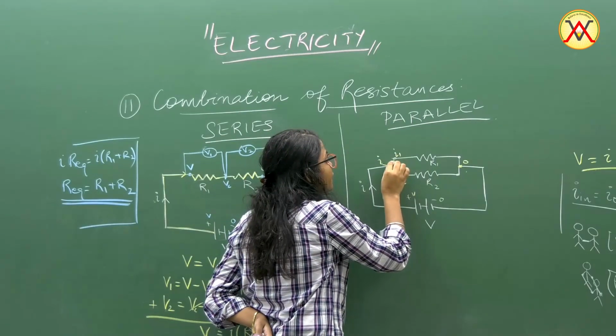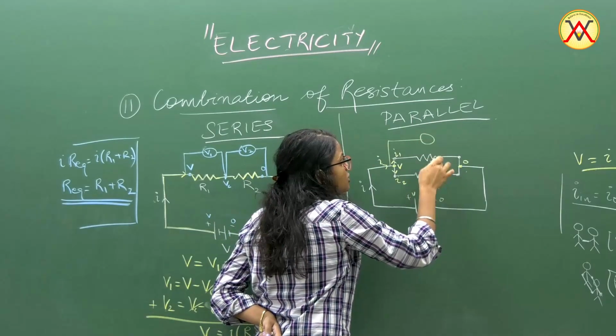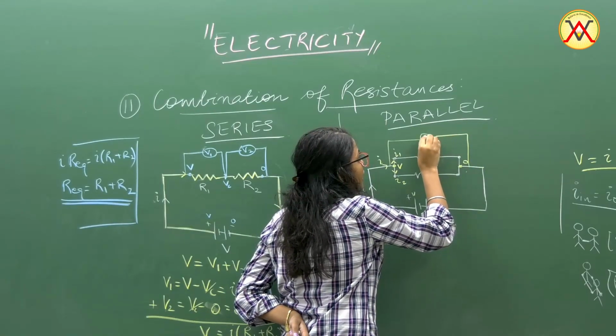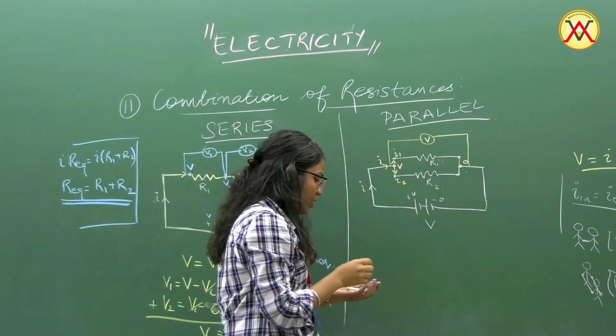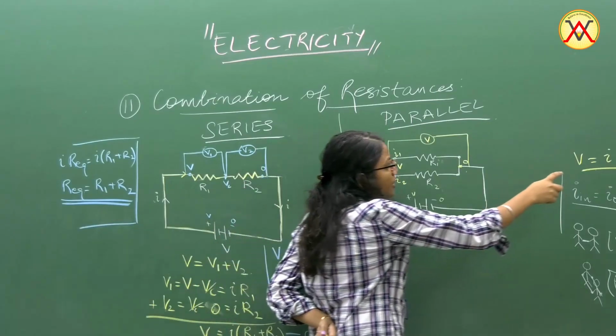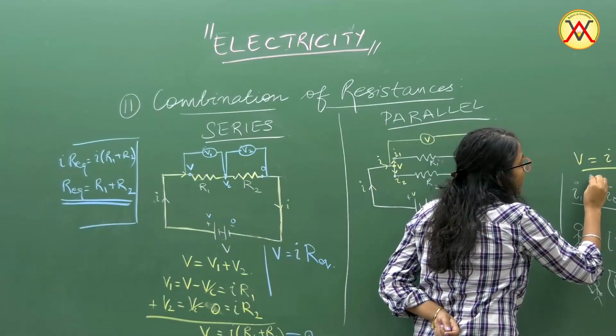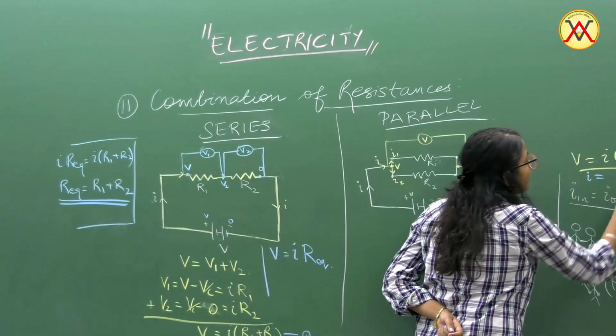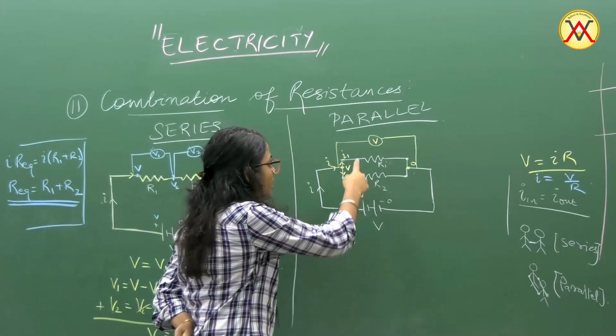So, potential difference across both of these resistors will be the same, equal to V.